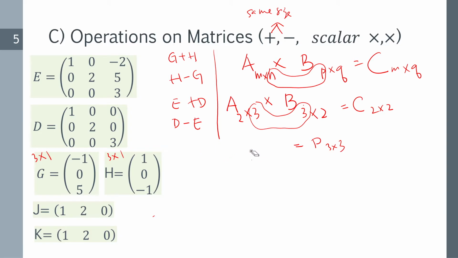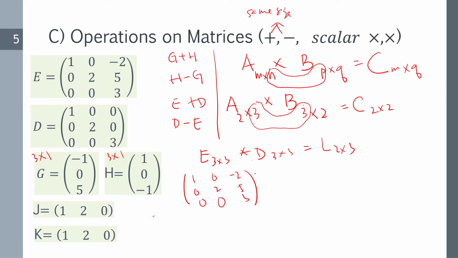That is the easiest way to see how the multiplication works. 3 times 3 multiplied by our D 3 times 3, let's say I will get an L 3 times 3. Let's say my E is 1, 0, 0, 0, -2, 5, 3, multiplied with 1, 0, 0, 2, 0, 0, 3.